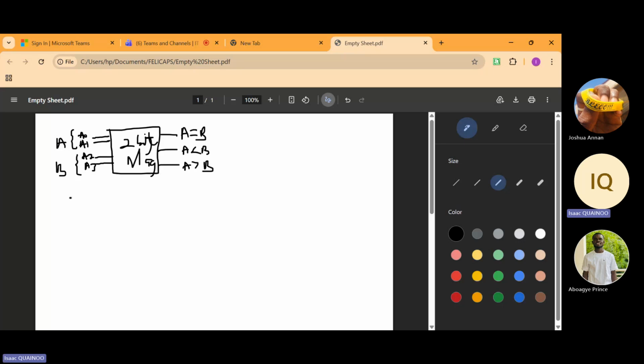So if we want to proceed to draw our truth table, we know we are going to have our inputs.